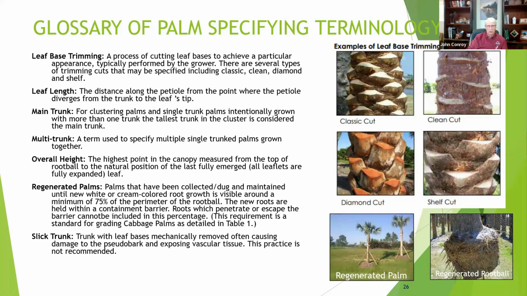That's what we're concerned about with the whole slick trunk thing, because the way it happens is they're using a shovel and they're scraping off the old petiole bases. It might have been through a fire or who knows what, in the case of the cabbage palms. And that shovel was just stuck in the dirt.